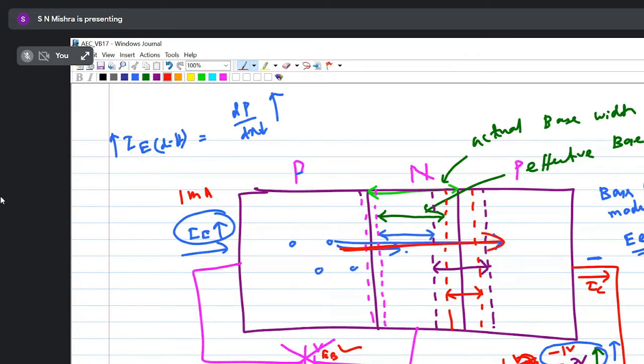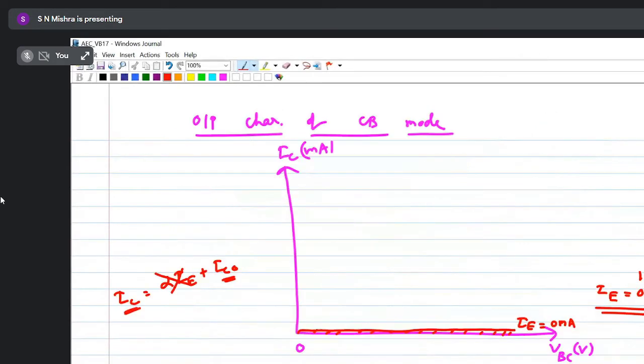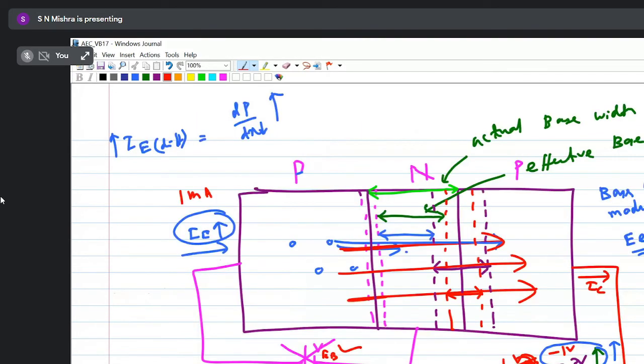As I increase more and more negative potential, more and more holes will reach the collector side. Yes or no? So I am starting from 0. When I increase the potential, then slowly the current will increase. When I increase this one, what is the maximum limit? I am fixing this at 1 milliampere here. Input is fixed. So what is the maximum current I'll get here?